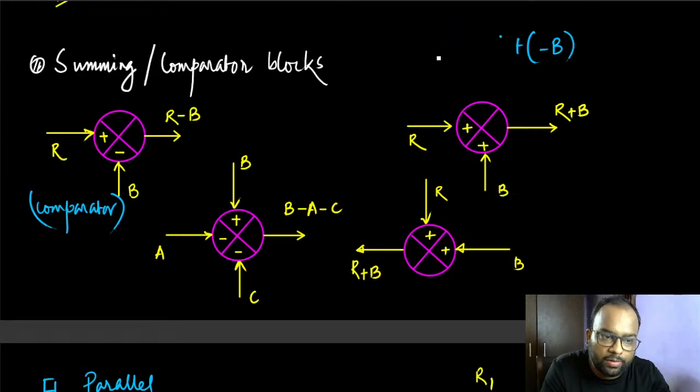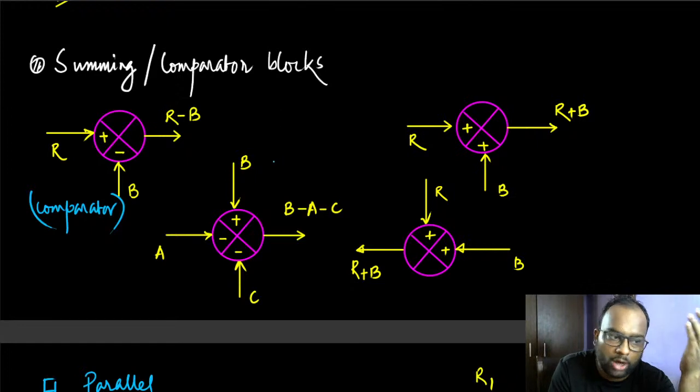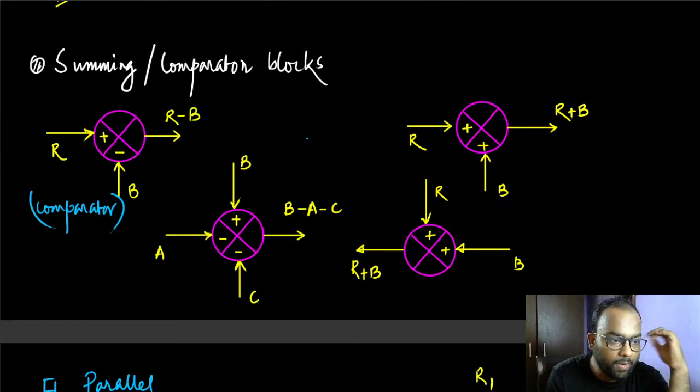So these things are in general called summing blocks, or summing points, but they can have different signs. All of them have only one output, but can have multiple inputs. If there are two inputs, one with a plus sign and one with a minus sign, then we call it a comparator. It's a special type of summing block, but in general all these blocks are summing blocks.